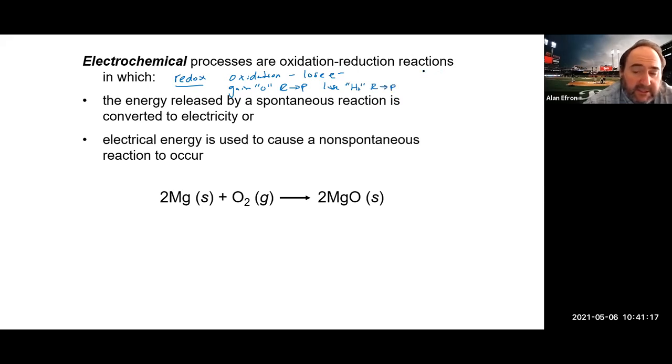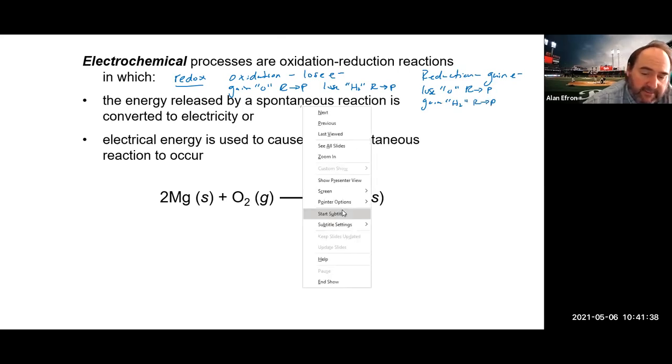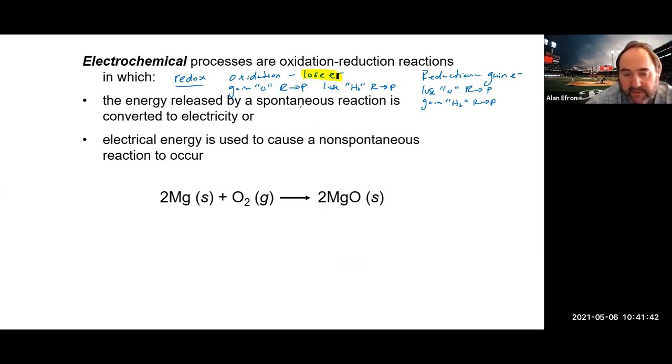Reduction has the opposite definitions. For reduction, it is gaining electrons. It also means that you lose oxygen as you go from reactants to products, and you gain hydrogen as you go from reactants to products.